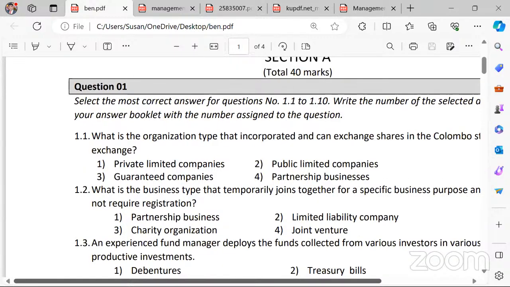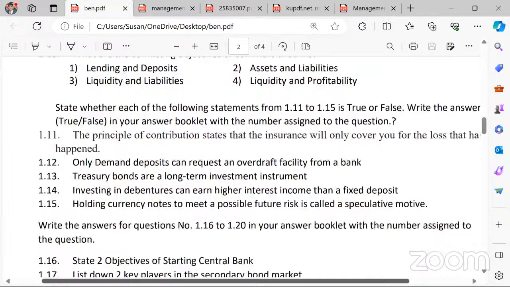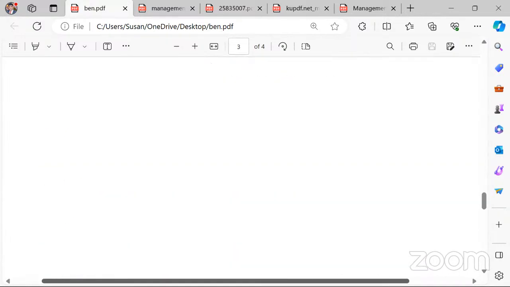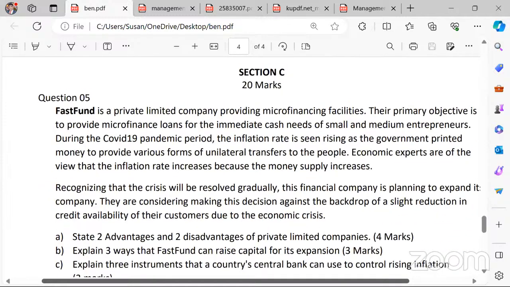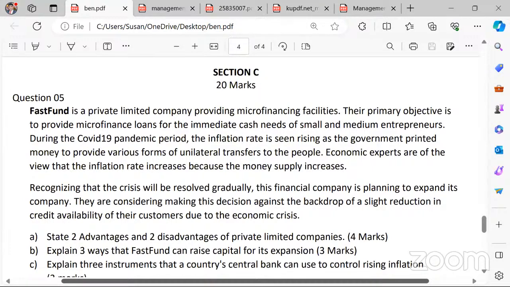Today I'm trying to discuss the first part and part of the second, and I have given special attention to Section C. Section C has a case study.